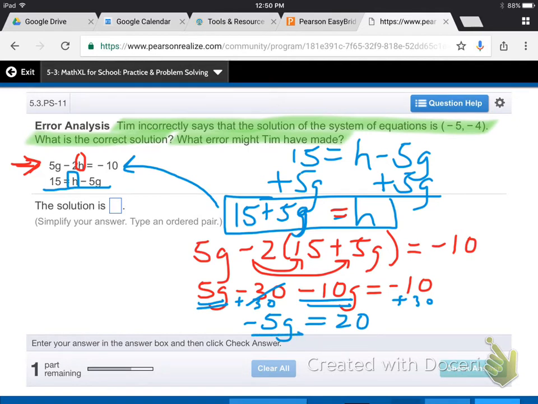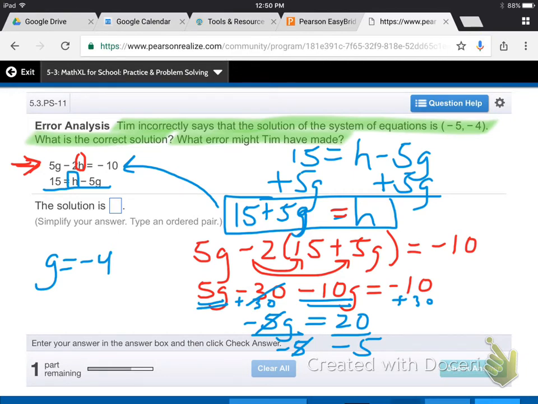Now if I divide both sides by -5, I know the 5's are going to cancel, and g is going to equal -4. Now, that's g. We still have to solve for h.